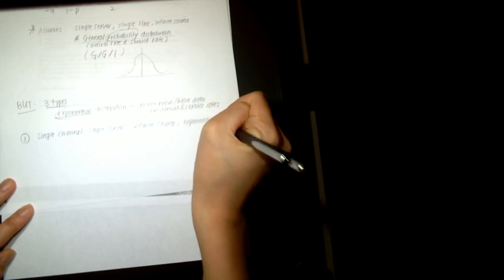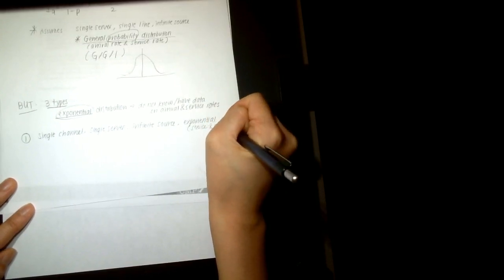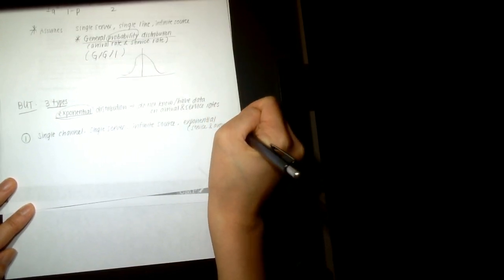So exponential for service rate and arrival rate. An example of this would be a one-person barber shop, for example. And he calls it the MM1 lineup.